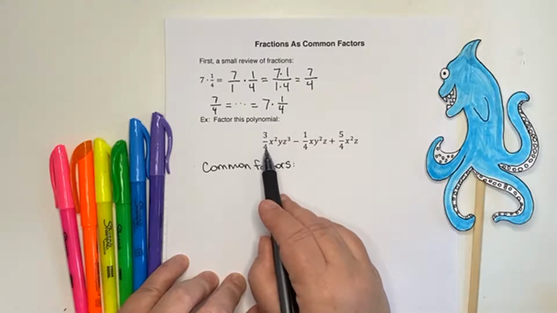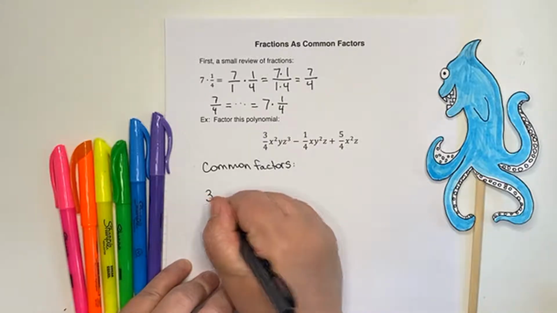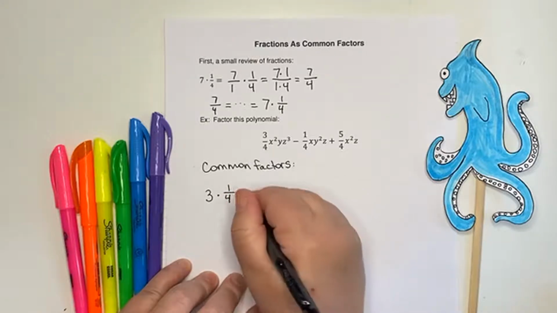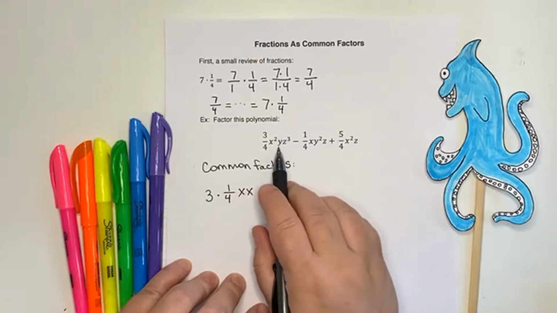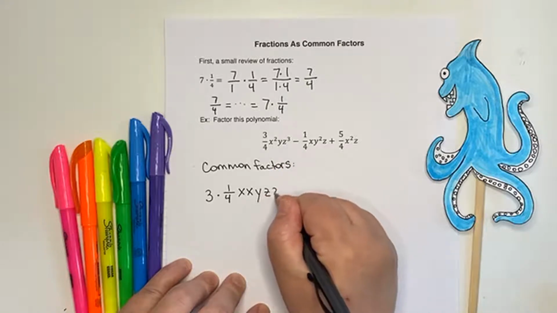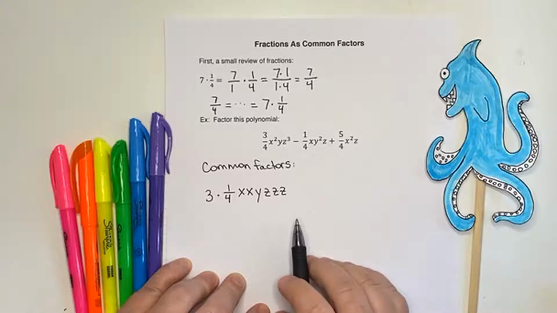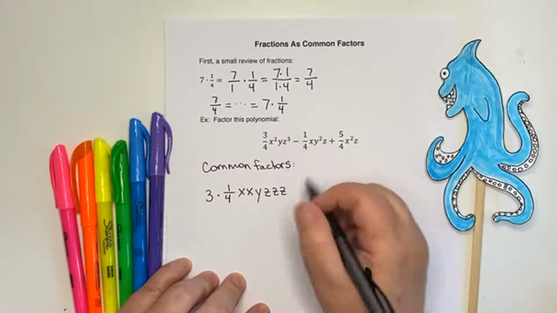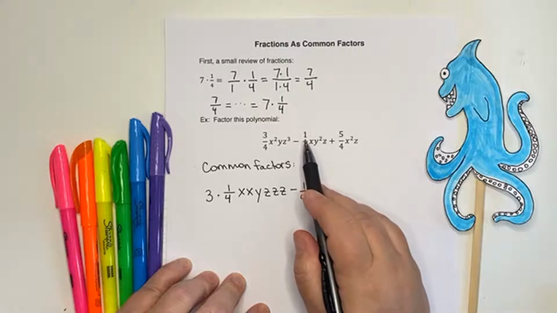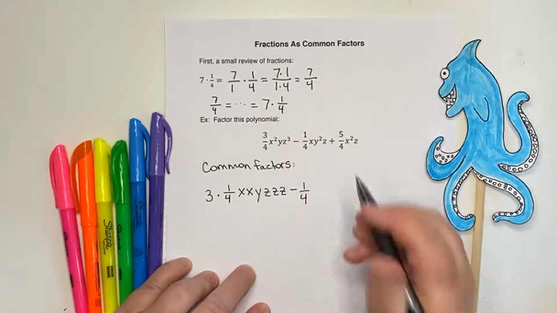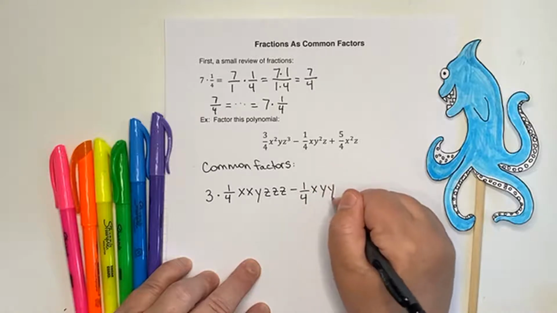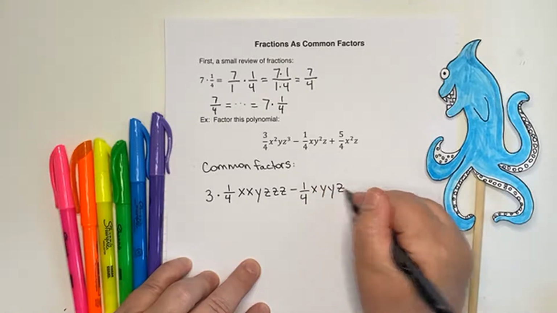So I've got 3/4. That's going to be 3 times 1/4. Then I've got x squared, so that's x times x. Then I've got a y, and then z cubed, z times z times z. Next up, this is just 1/4, so I'm going to leave it as 1/4. I don't have a number on top that's different than 1. I've got x, y squared, that's y times y, and then a single z.